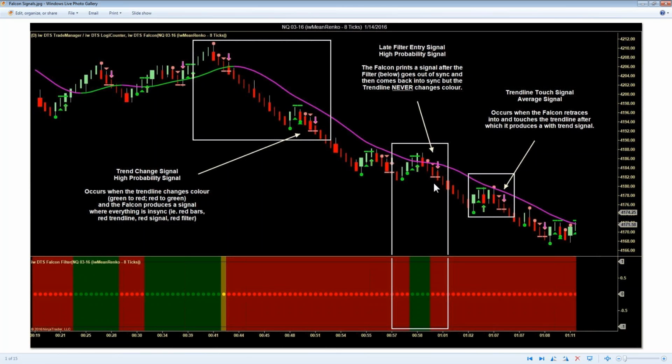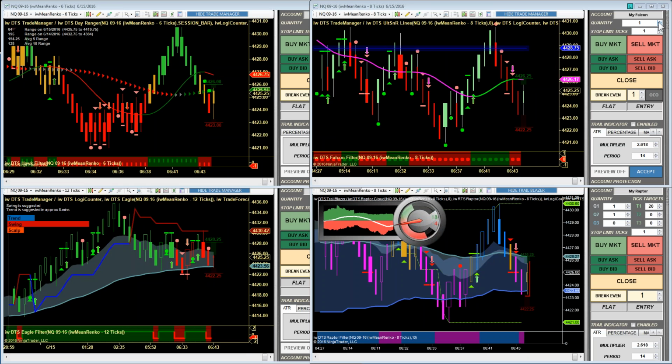You produce a signal, away you go. And then your basic trend line touch signal. So these tend to be the most common, and these are your higher probability signals.